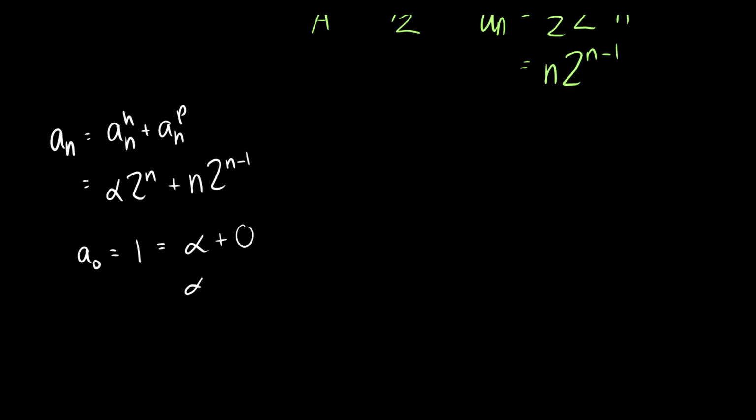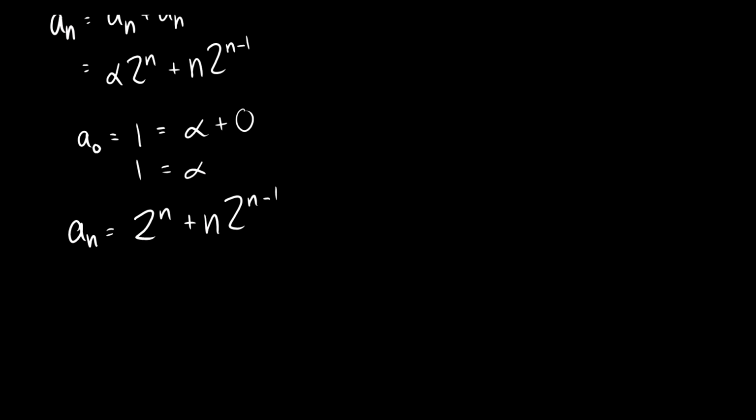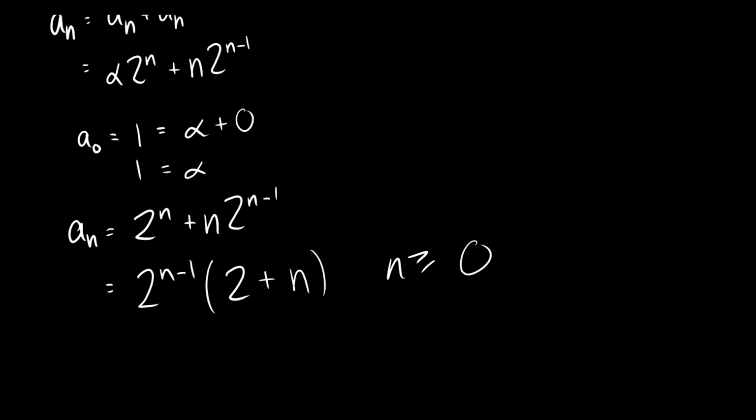So alpha is equal to 1, which means that a of n is going to be 2 to the n plus n times 2 to the n minus 1, which we can just factor out 2 to the n minus 1 times 2 plus n as our final solution. And this will be for n greater or equal to 0.